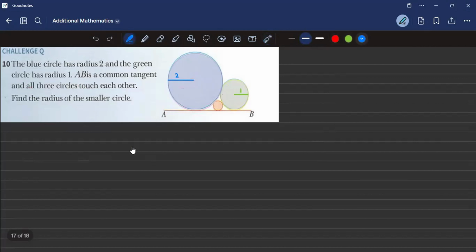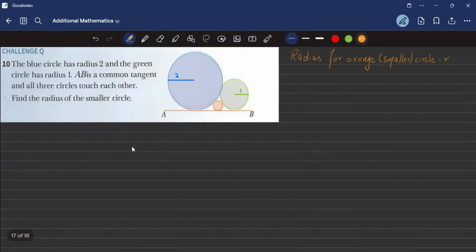By the way, let's assume for now that the radius for the orange circle, the smallest circle, is equal to r.